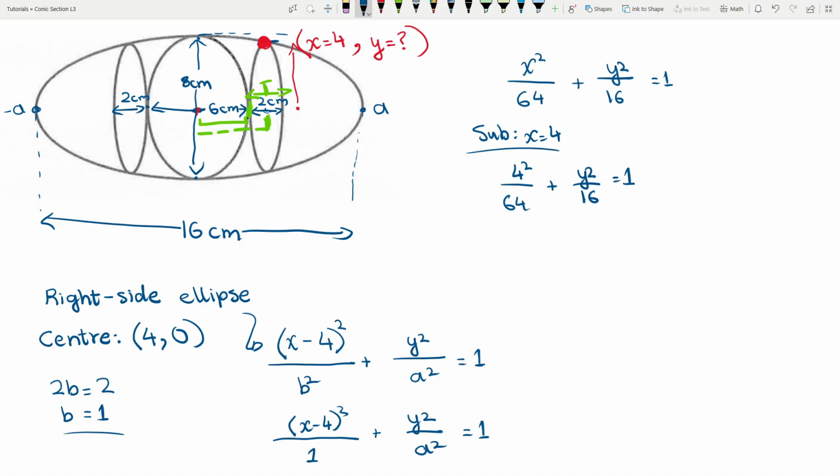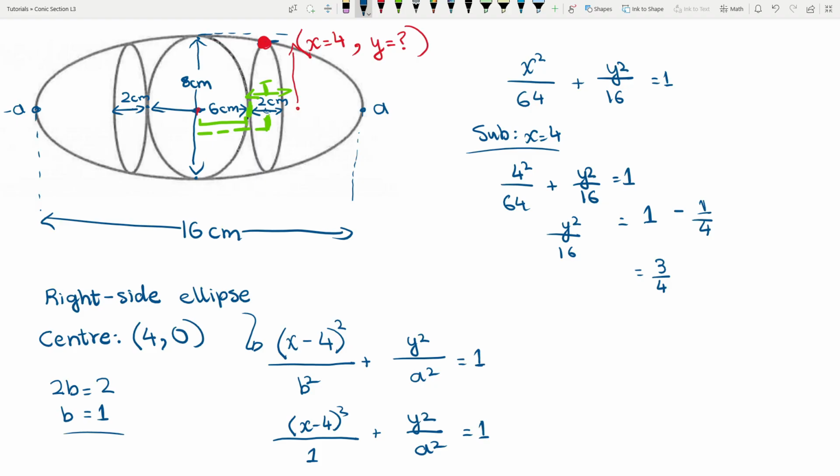And then you bring it over: 1 minus 4 squared over 64 is 1 over 4. And y squared over 16 is left here. Let's simplify. 1 minus 1 over 4 we get 3 over 4.